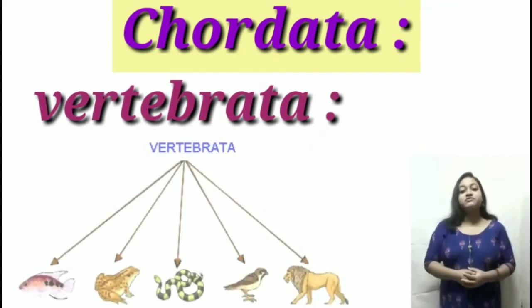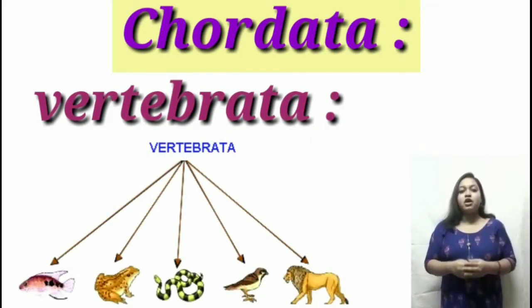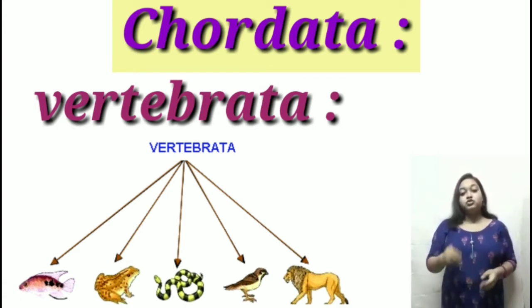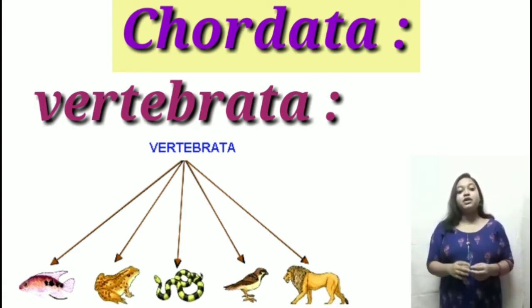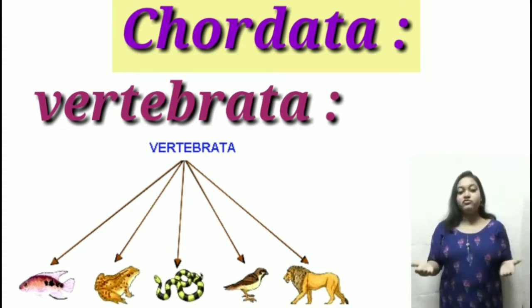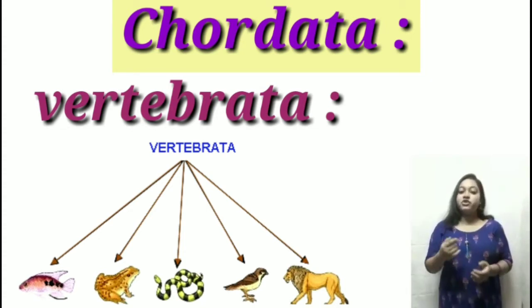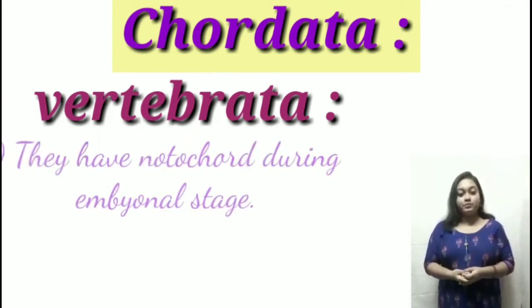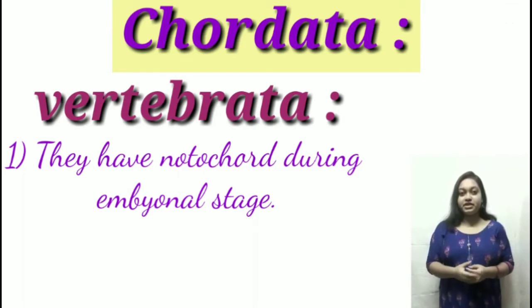Next, the phylum Vertebrata. Phylum Vertebrata is a very important phylum because through this subphylum we can go to the main vertebrates. The first point of Vertebrata is notochord. The notochord is present during the embryonic stage.